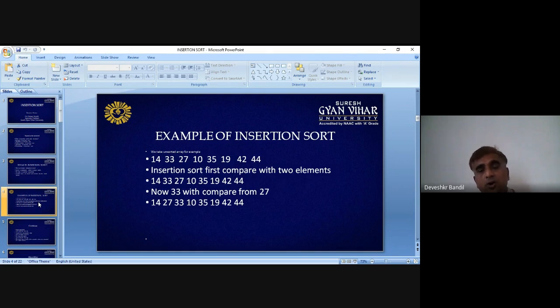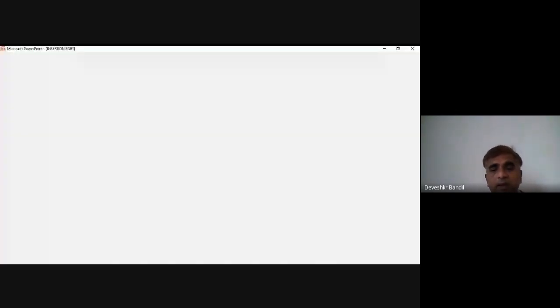Now I am taking an example of insertion sort. You will take an array for your insertion sort. An array is a collection of similar types of elements.